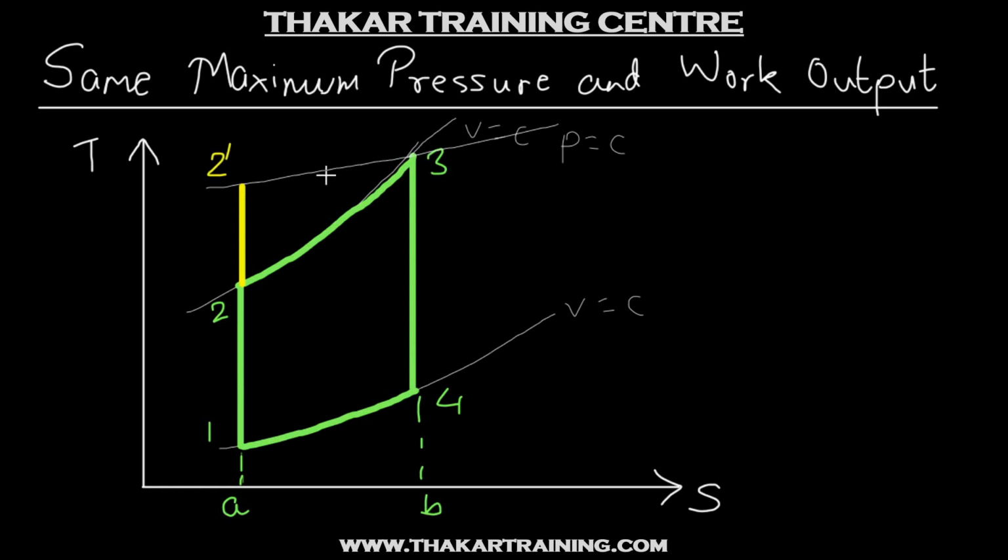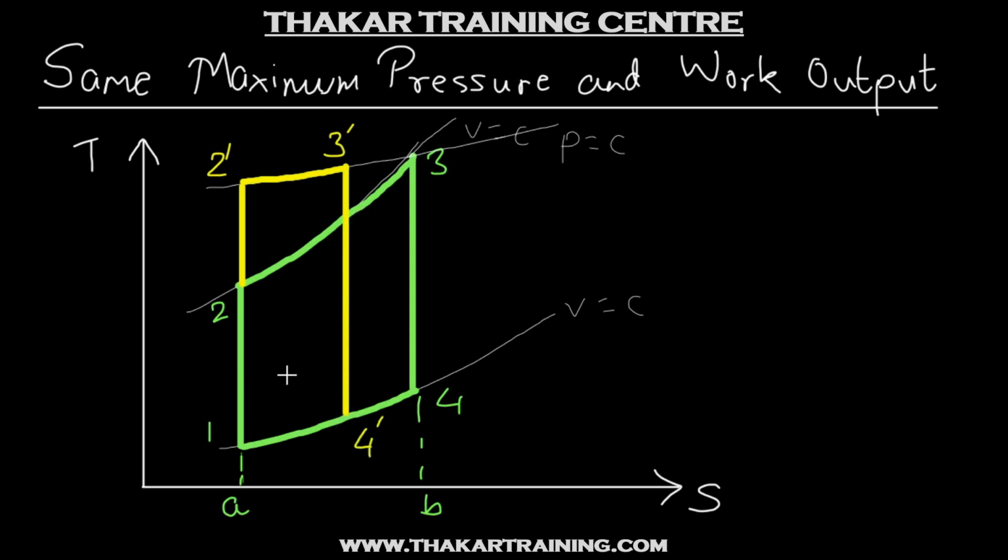Alright. So we'll have the heat addition process, let's suppose, till this point. So this is point 3 dash for diesel cycle, and then I'll mark the expansion process from here to here. And so this is point 4 dash.